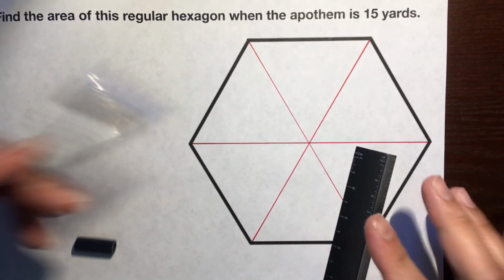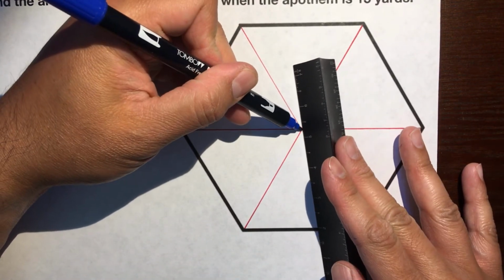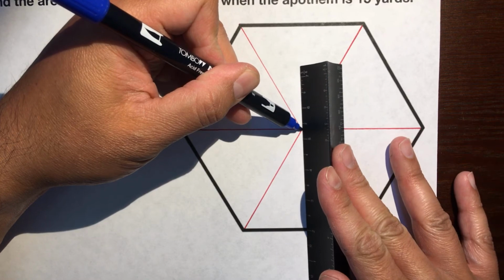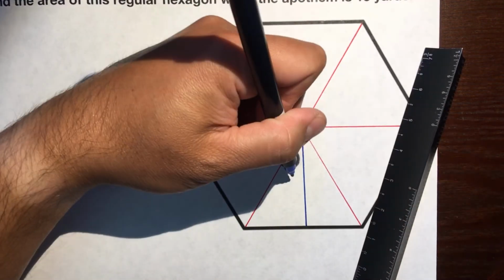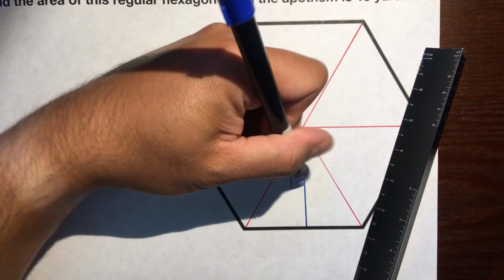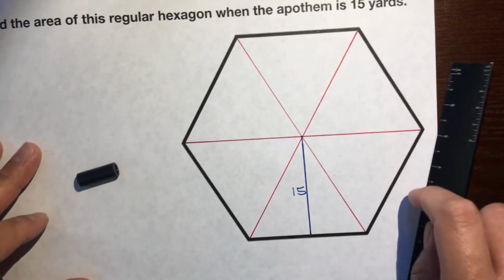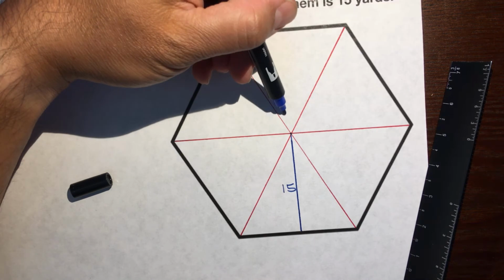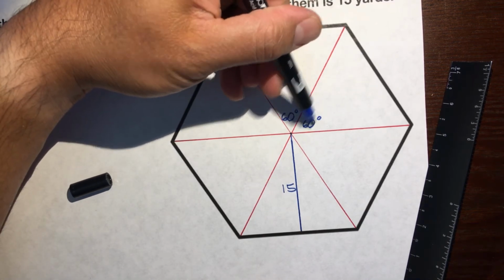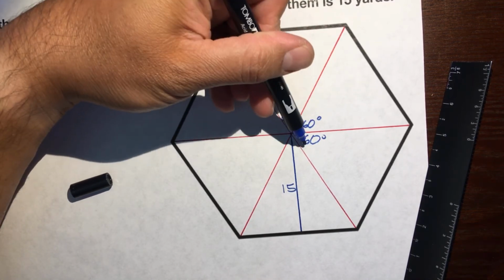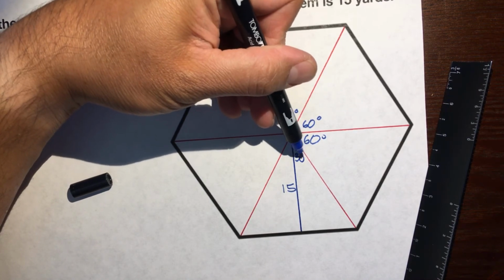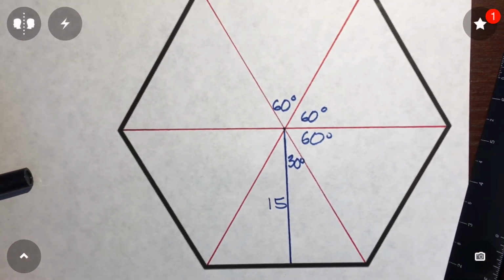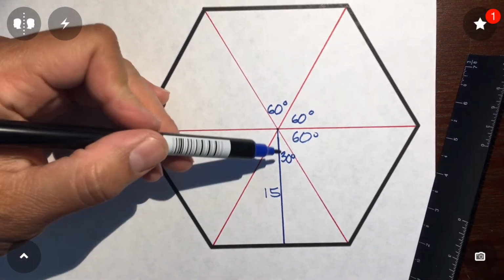So right here, this is 15. Okay, and remember, all of these angles are 60 degrees, and when we split it up, this whole 60 turns into a mini 30 degrees. So we have our height.